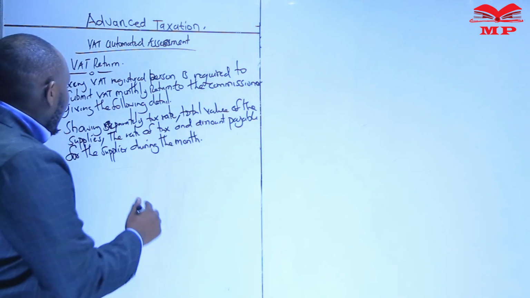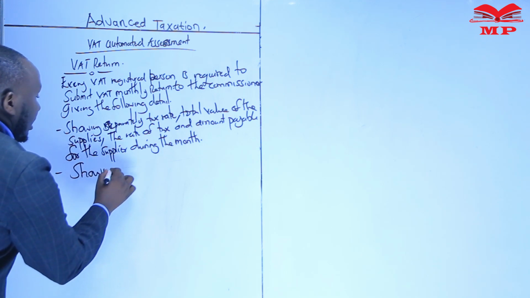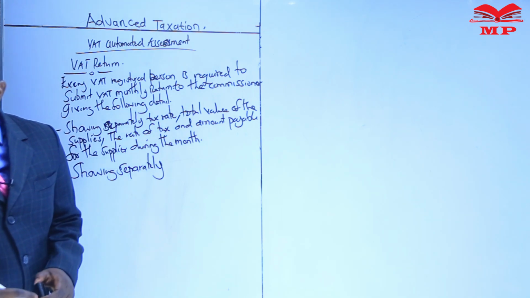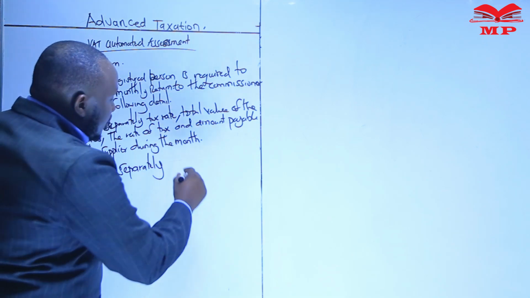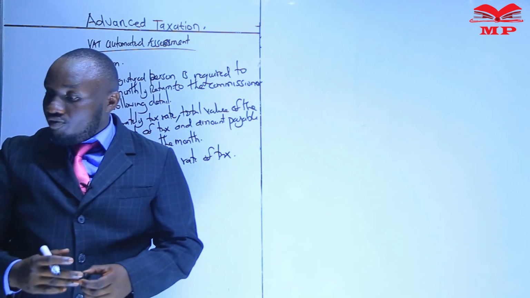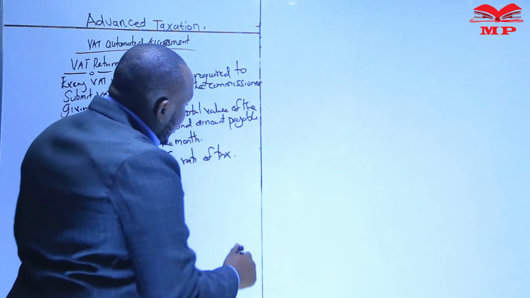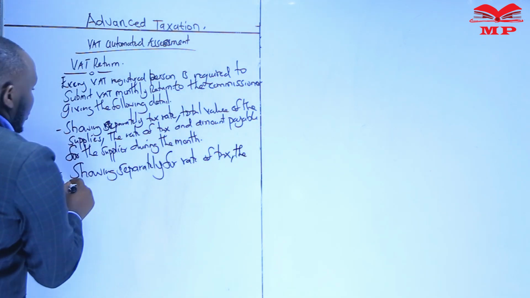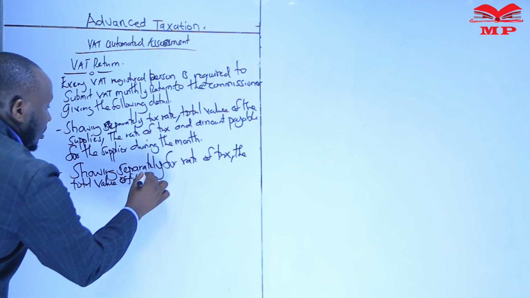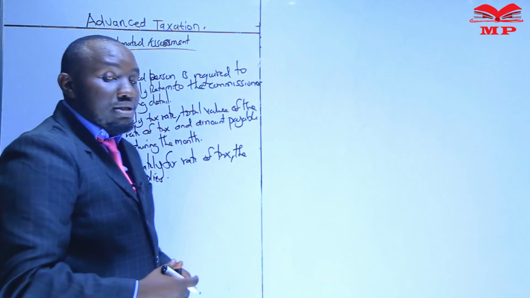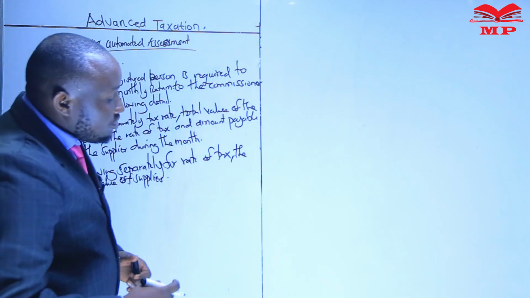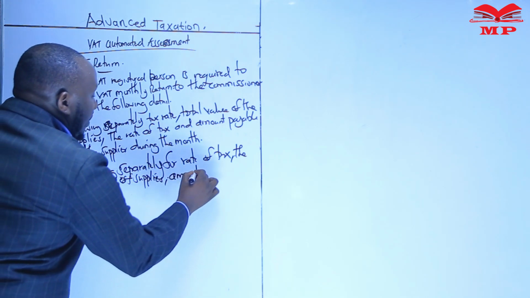The next is showing separately. We can talk about showing separately for each tax rate, showing them in the iTax for each rate of tax, the total value of the supplies, and the amount of tax.